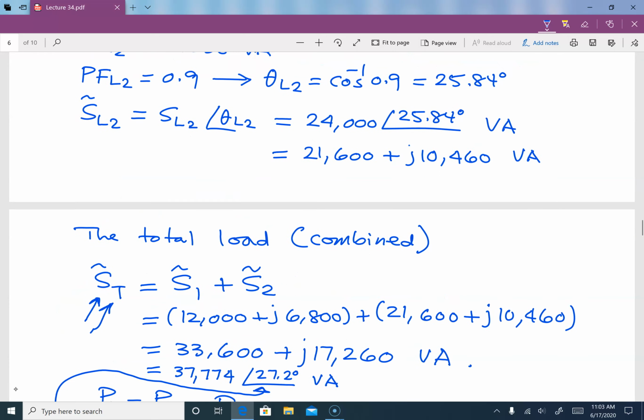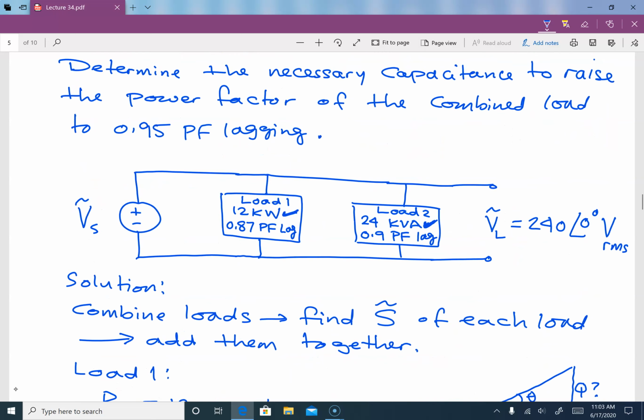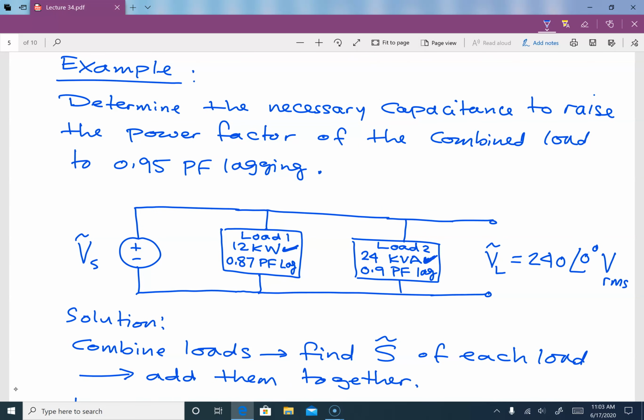So now in our problem here, we said that raise the power factor to what? 0.95 lagging. That means this is our theta, the power factor, which belongs to theta 2.